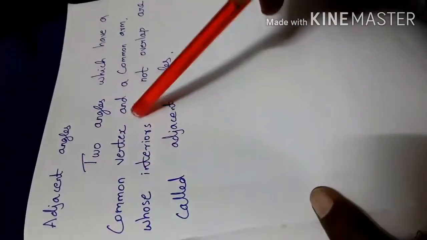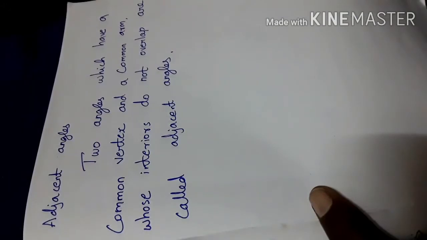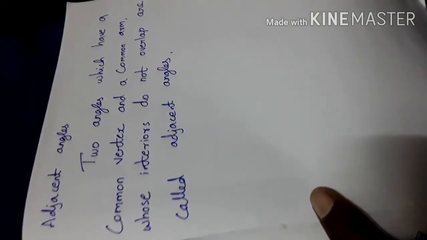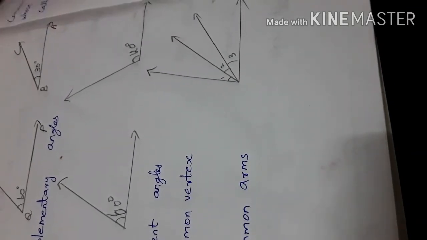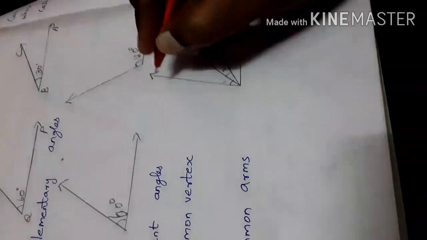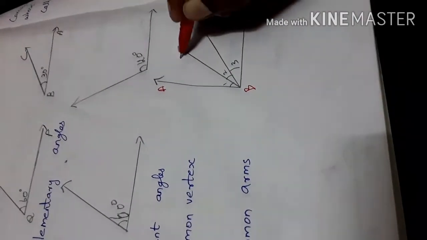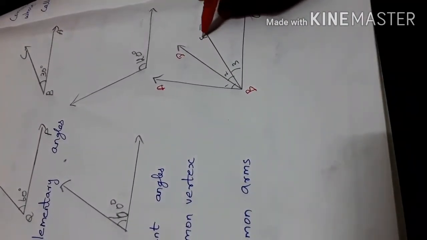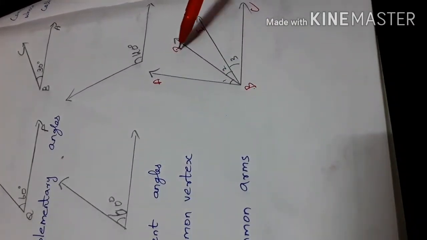You have to see two angles which have a common vertex and a common arm whose interiors do not overlap are called adjacent angles. See, what are adjacent angles? Two angles which have a common vertex. See, here I have written A, B, C. This arm is D, this arm is E. Here the first angle is ABD.